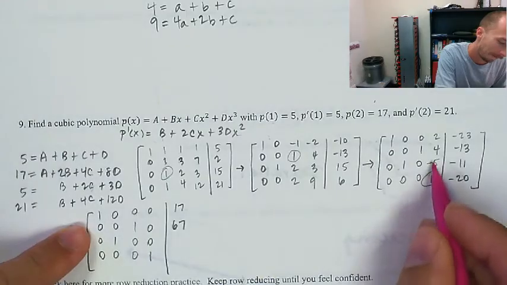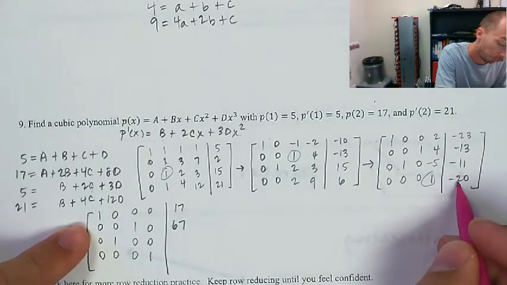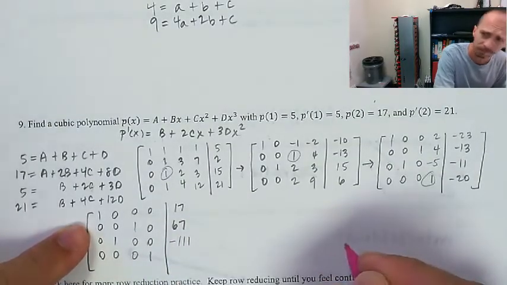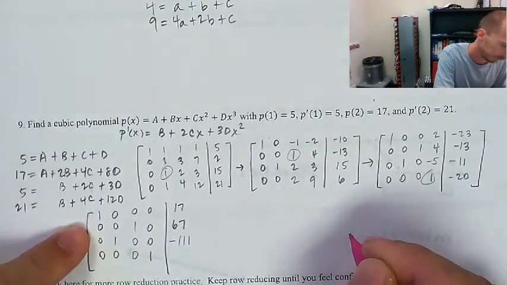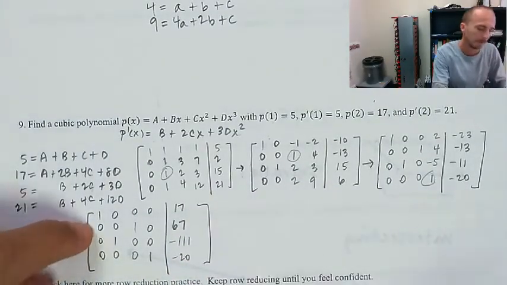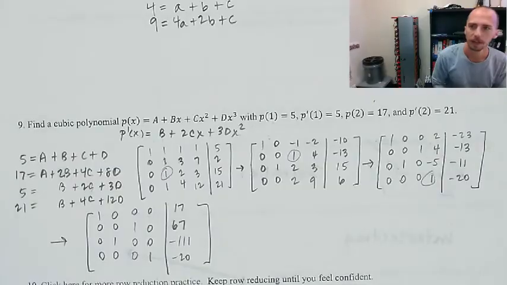Okay, up here I'm adding 5, so I'm subtracting 100. And that's what I've got.